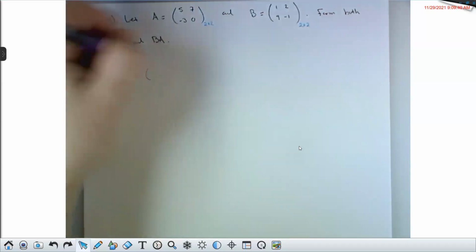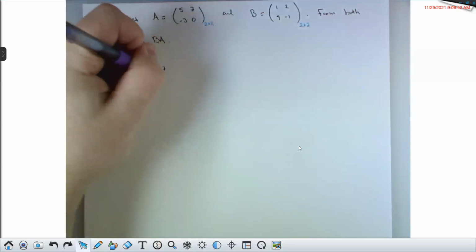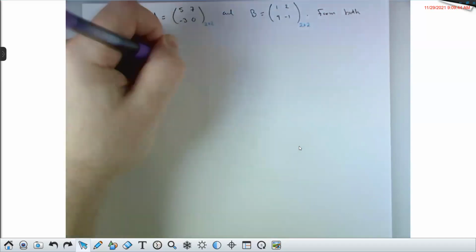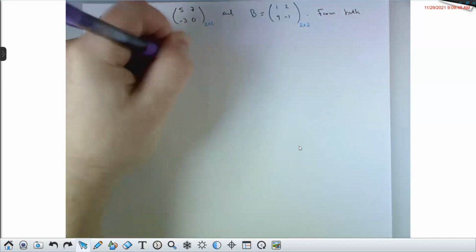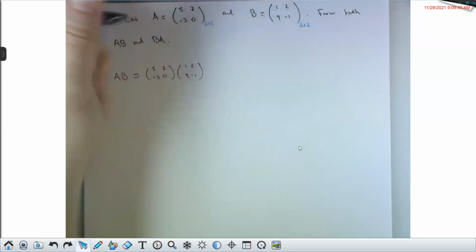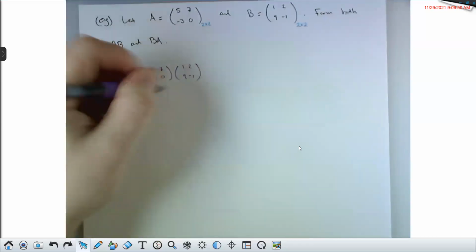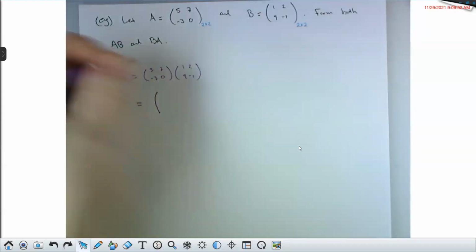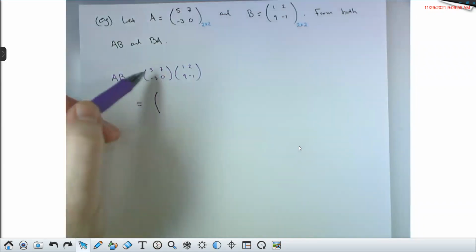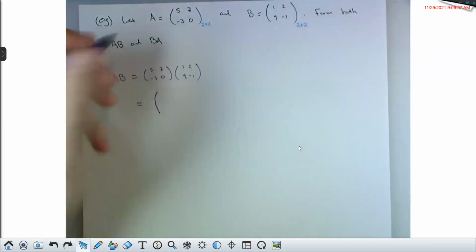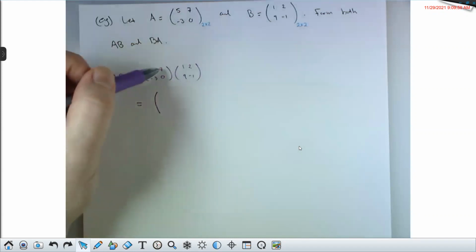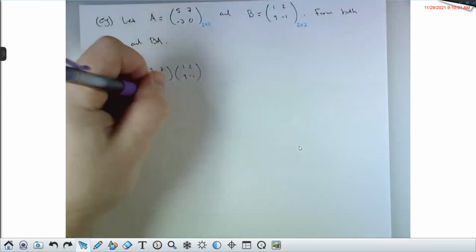AB is 5, 7, -3, 0 times 1, 2, 9, -1. It's going to be another 2 by 2. Whose entries are 5 times 1 plus 7 times 9. I'll write it out.